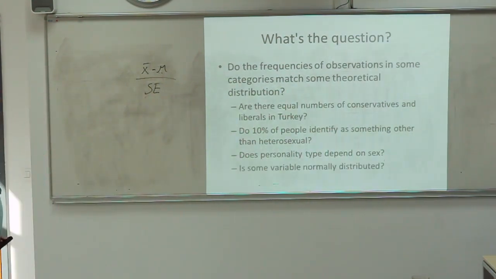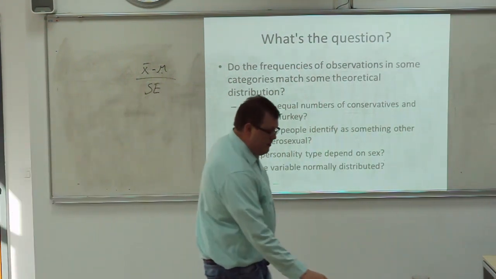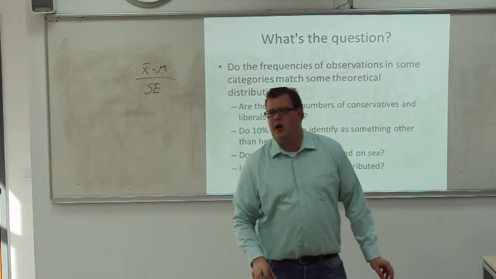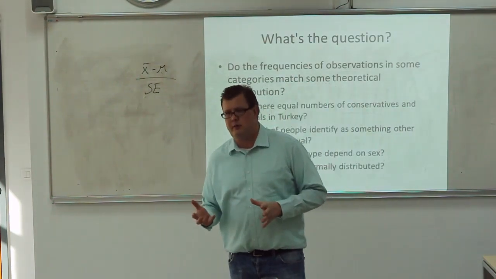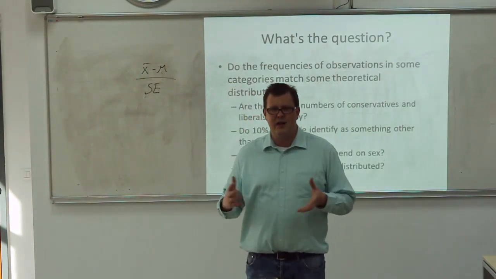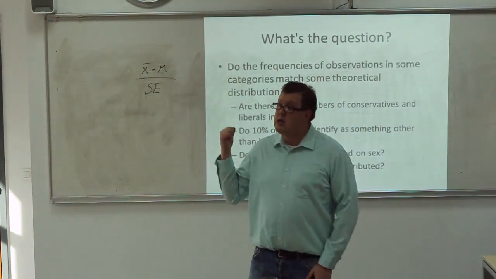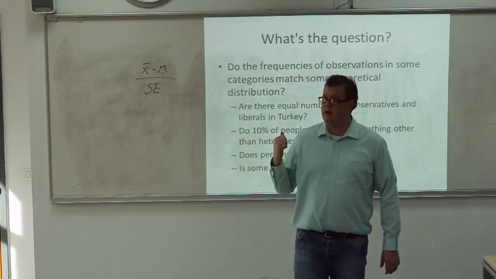Is some variable normally distributed? We talked earlier about how, in order to run these tests, we need to assume that the variable is normally distributed. And we didn't talk about how you can test that. But you can test it with the chi-square.